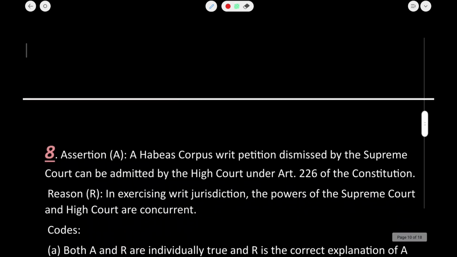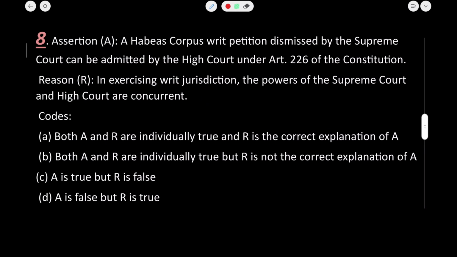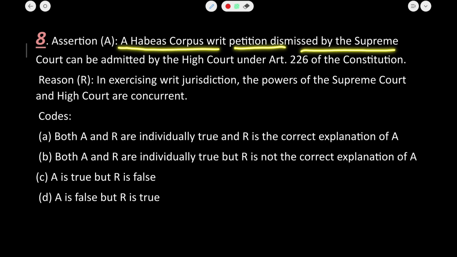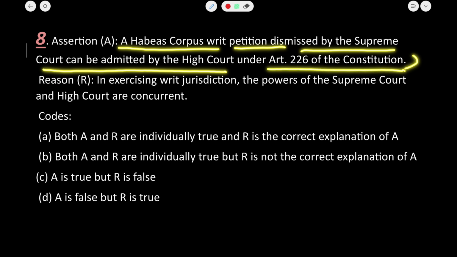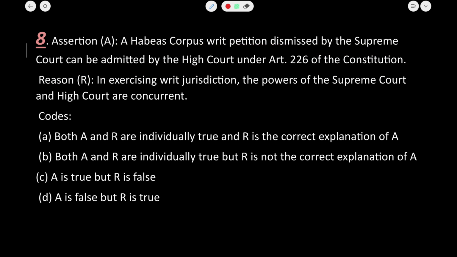Let's now move to the next question. A habeas corpus writ petition dismissed by the Supreme Court can be admitted by the High Court under Article 226 of the Constitution. Now, I already told you there is a system of integrated judiciary.